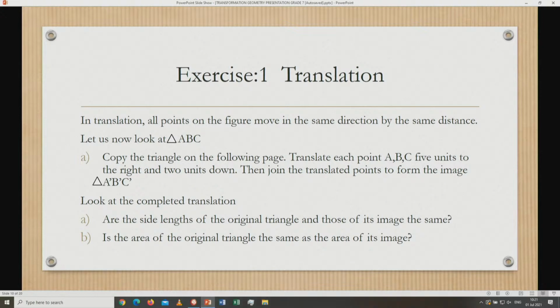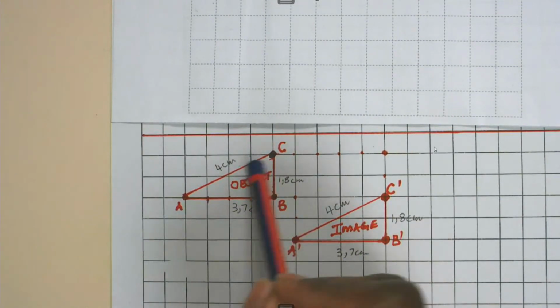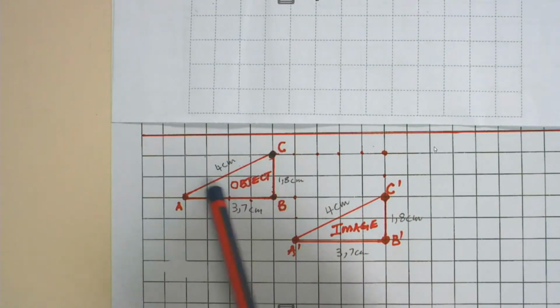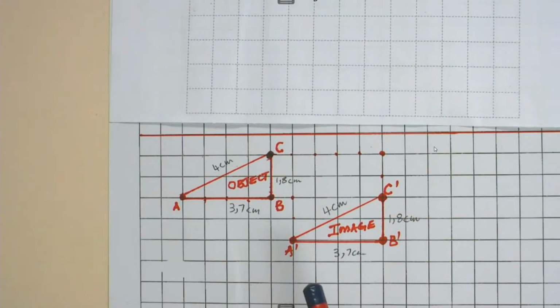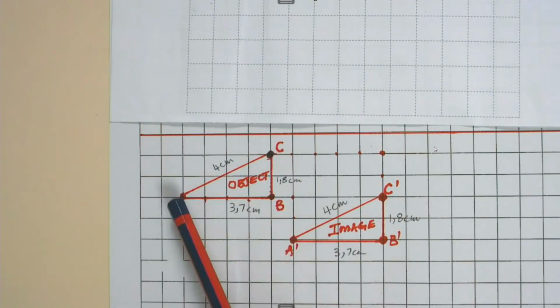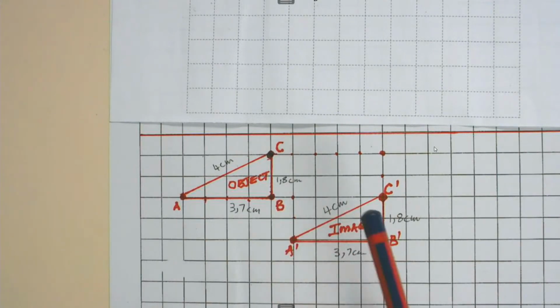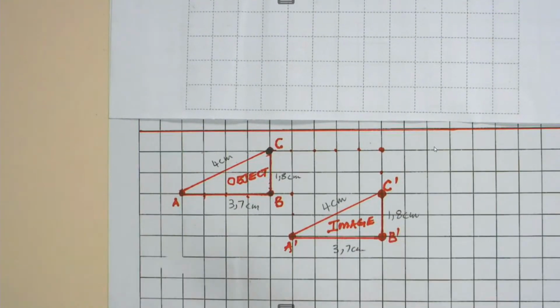The space that is covered by this object is equal to the space that is covered by its image, which means our answer is yes as well. So what we are learning there is that when we translate a point, the side lengths of the object will not differ, they will be the same as when you have translated and have an image whereby you've got A prime, B prime, C prime.